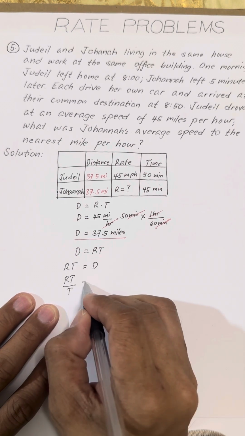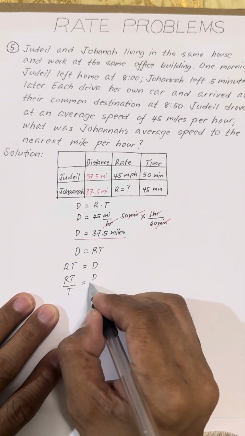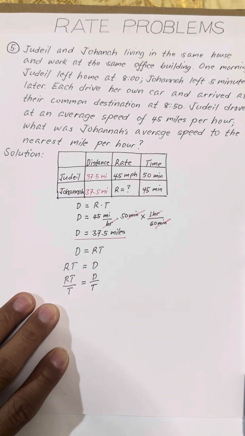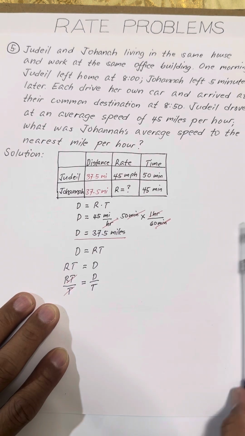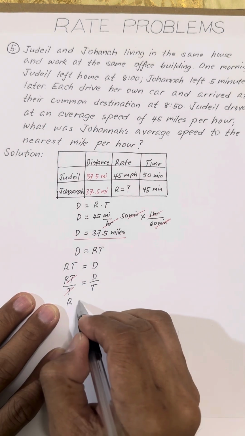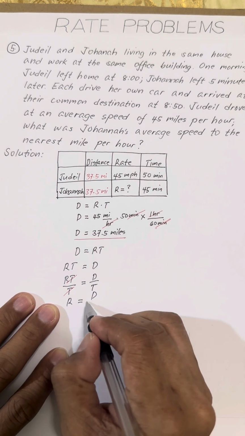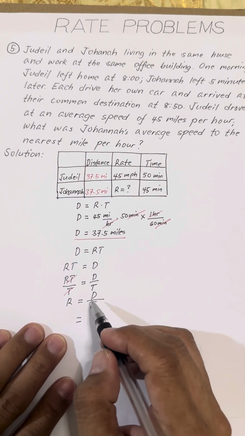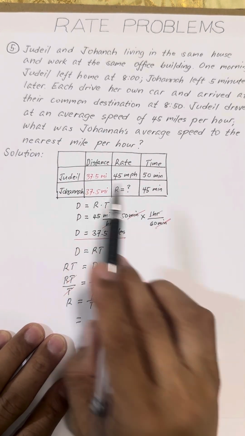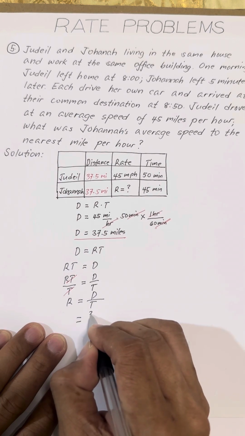The t at the numerator cancels out with the t at the denominator. So on the left side we have only r, and on the right side we have d divided by t.